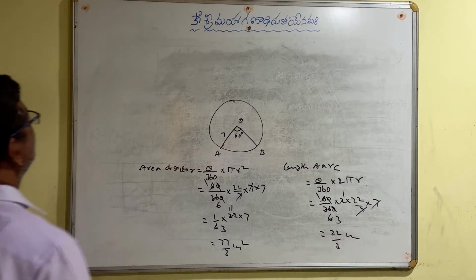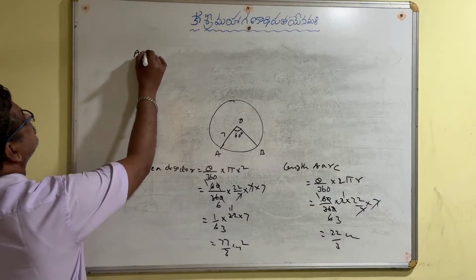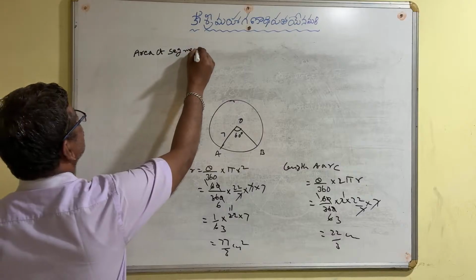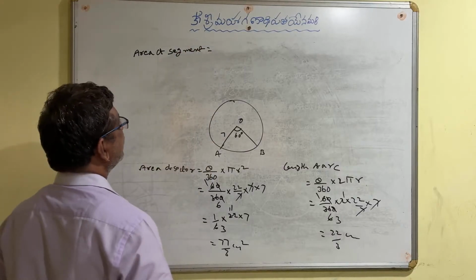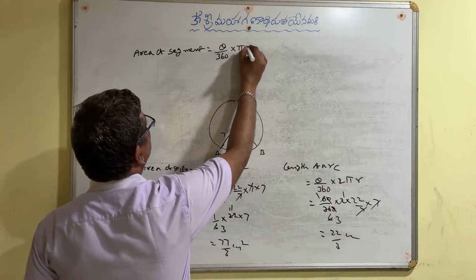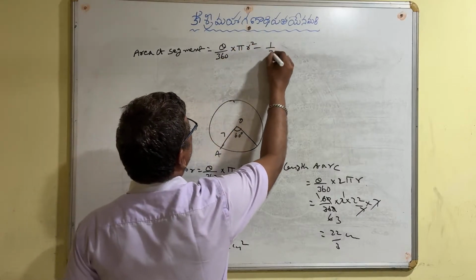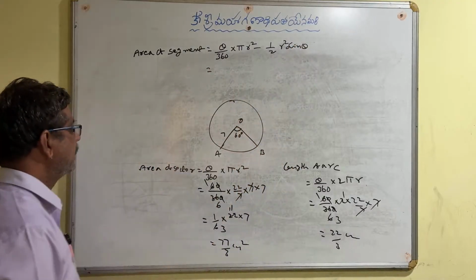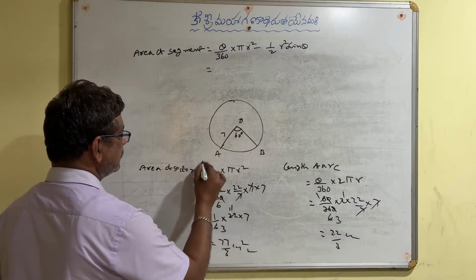Now, area of segment. Theta by 360 into pi r square minus half r square sine theta. And we know this value, is that right?